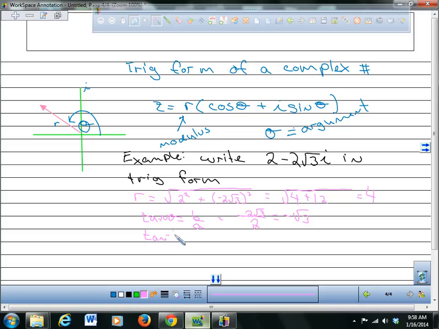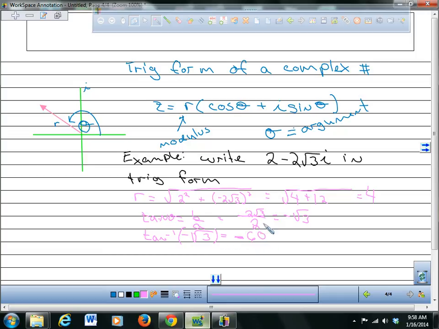If you don't remember your unit circle, this is a point on the unit circle. When is tangent equal to negative square root of 3? It's 60 degrees, so inverse tangent gives negative 60.